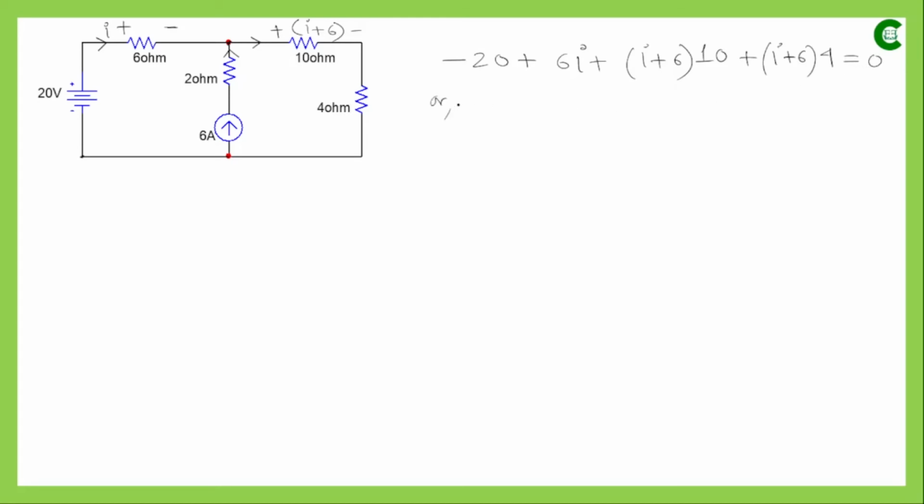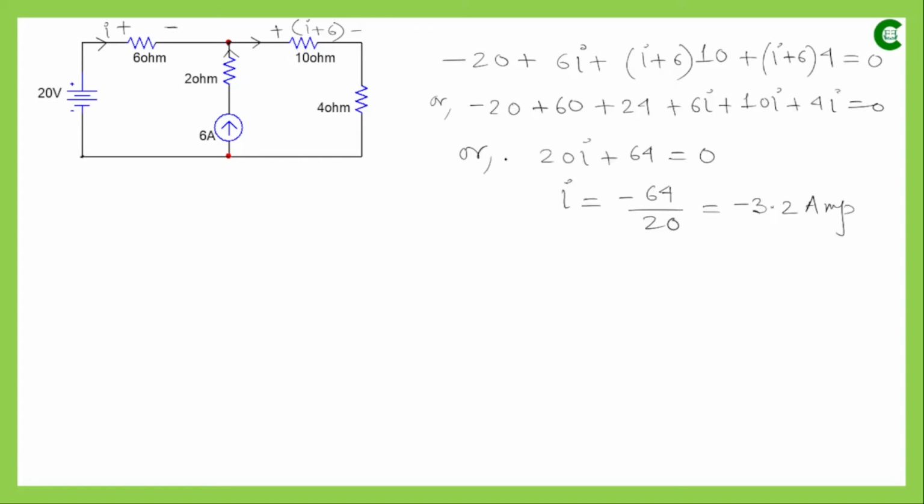So now if we simplify this, it will be minus 20, so I is minus 3.2 ampere. As per our assumption, I was flowing through this 6 ohm resistor in clockwise direction, or we can say from left to right. But as per that assumption, the value that we have got for I is minus 3.2 ampere.